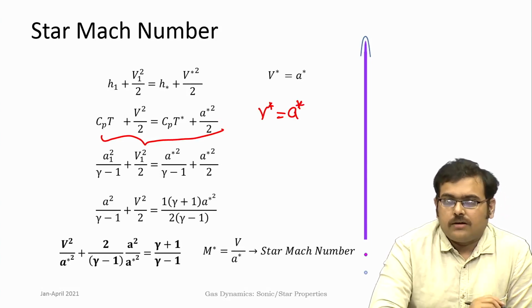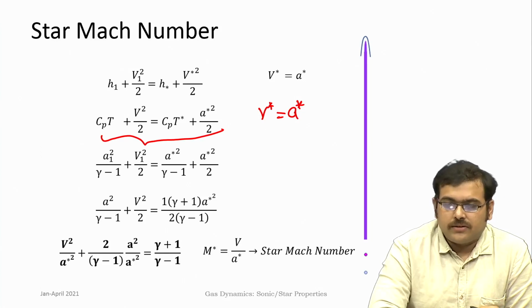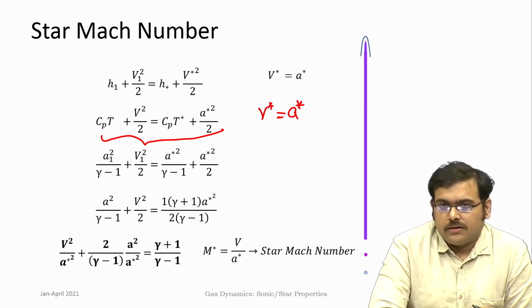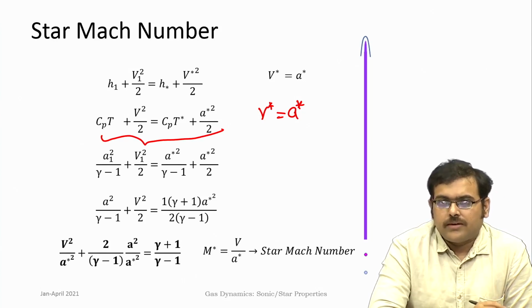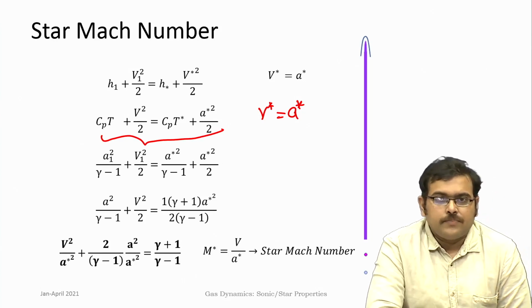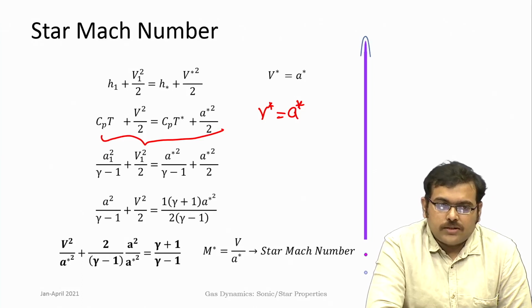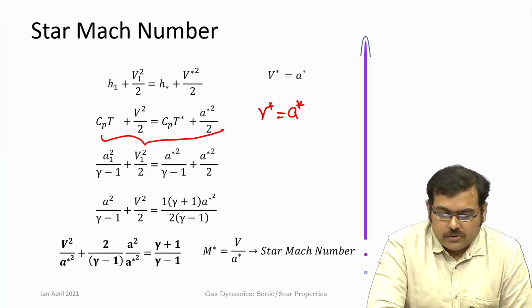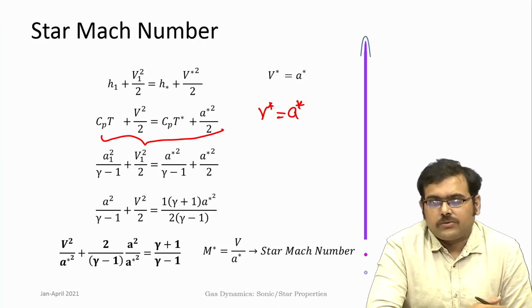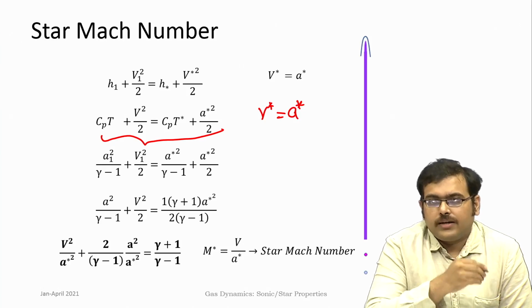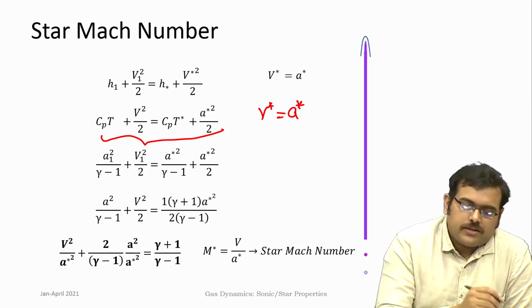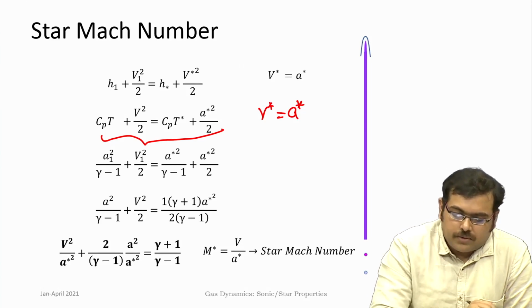To re-emphasize, it is at that particular point that the acoustic speed is the same as the velocity. The acoustic speed and the velocity both change during the process. So when velocity changes, acoustic velocity also changes. There will occur a particular point where both can become the same. That particular point is known as the sonic point.